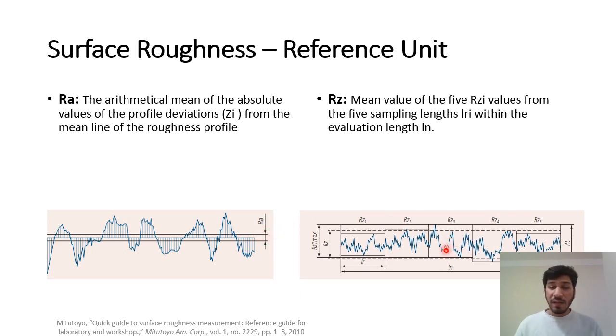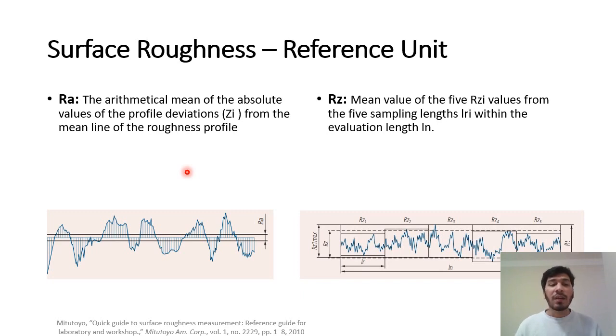Whereas for the Rz value, we choose a particular length as the reference length, the sampling length, say 100 micrometers. Within this sampling length, we take 5 values of the vertical displacements, and the mean of these 5 values is what we refer to as Rz. Both are notations for surface roughness, but they mean very different things. How it was measured is something of consequence here.